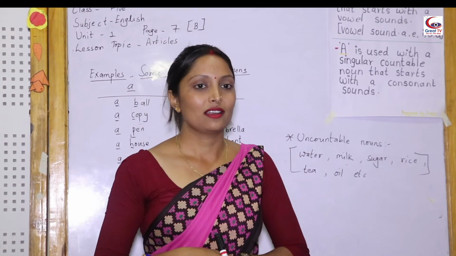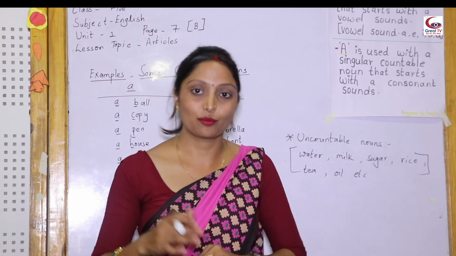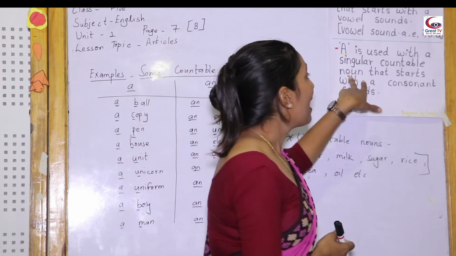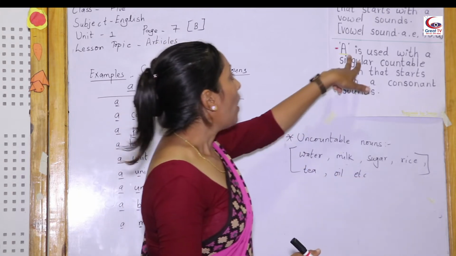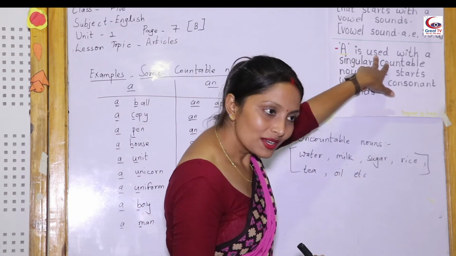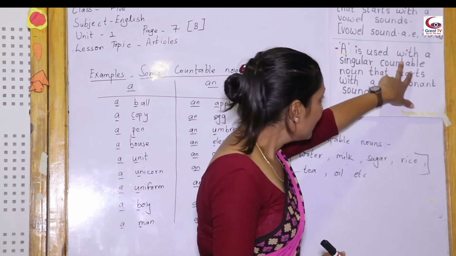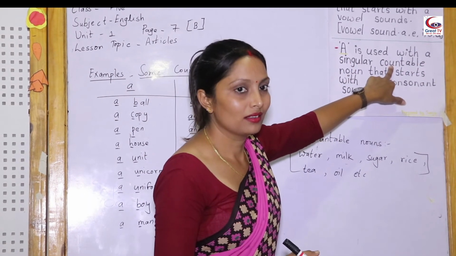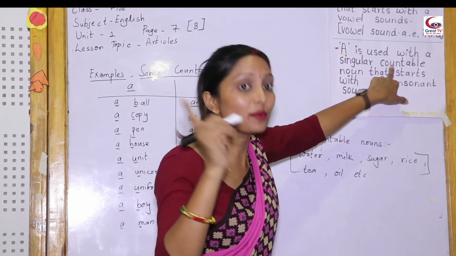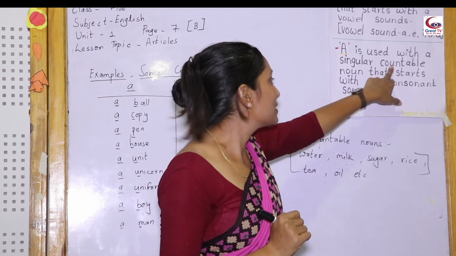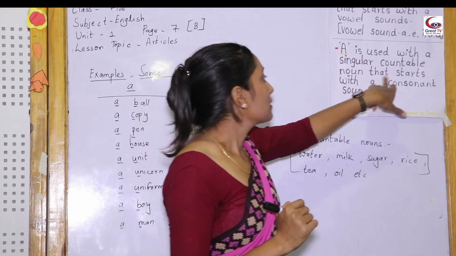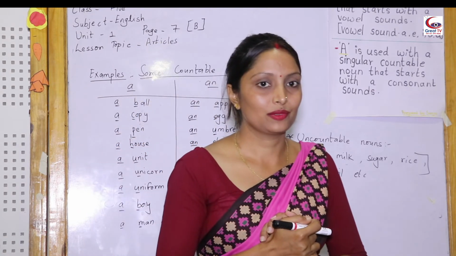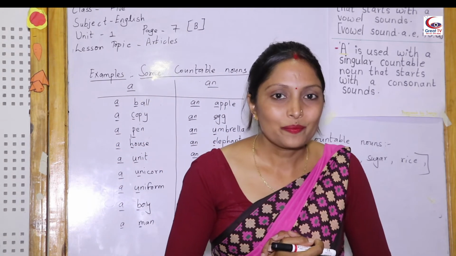The initial letter is a consonant or a vowel, and the word should be a noun. A is used with a singular countable noun only, that starts with a consonant sound. Did you understand?